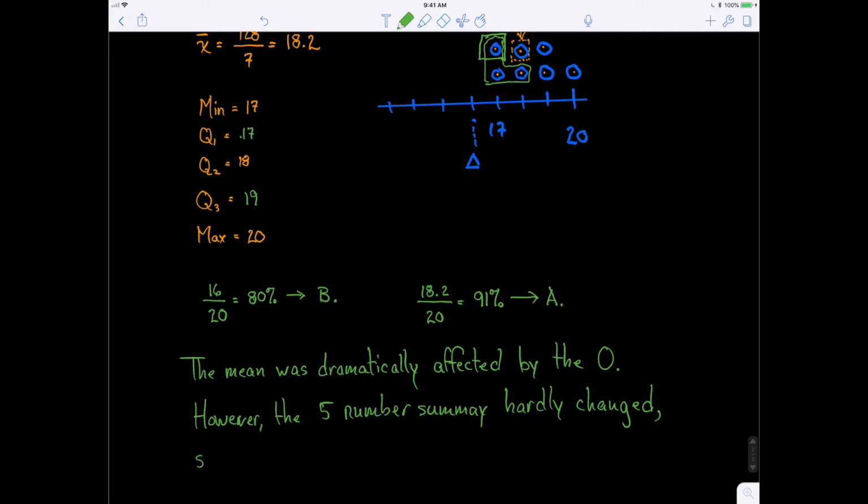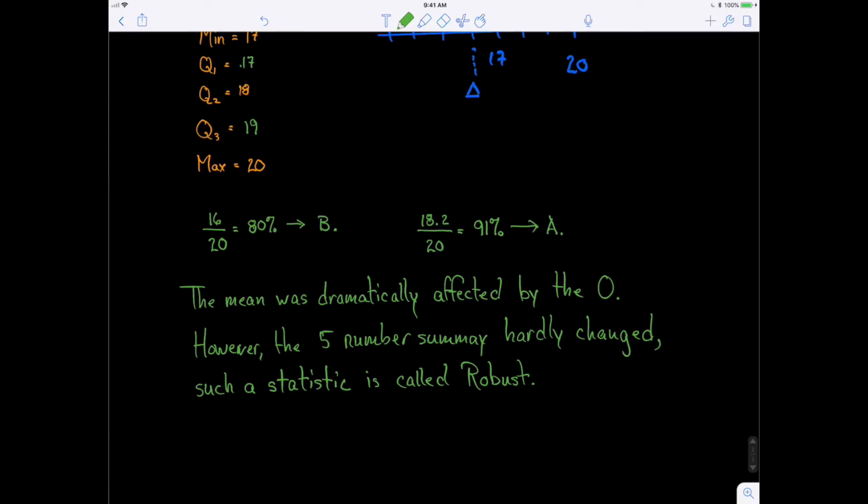And we say such a statistic is called robust, meaning that little idiosyncrasies don't affect it. So the 5-number summary is a robust statistic.